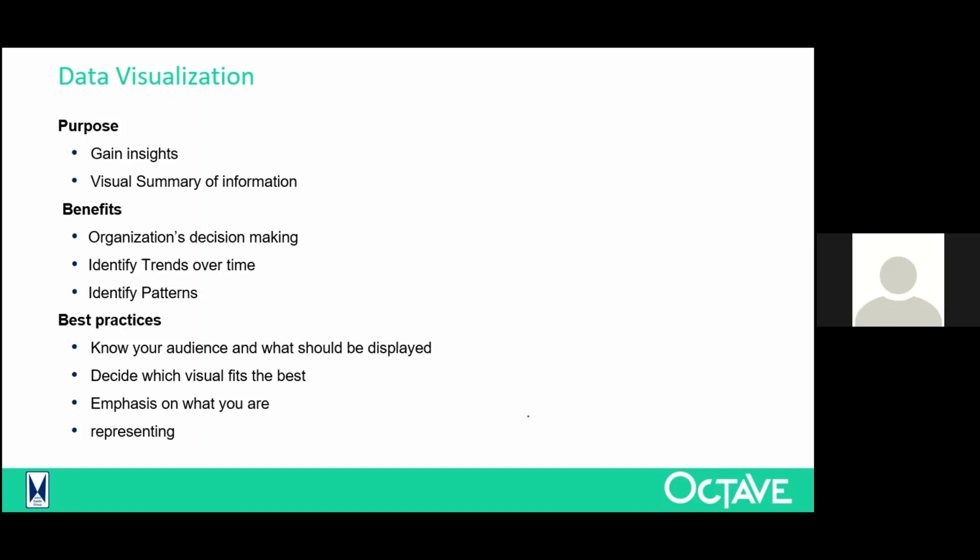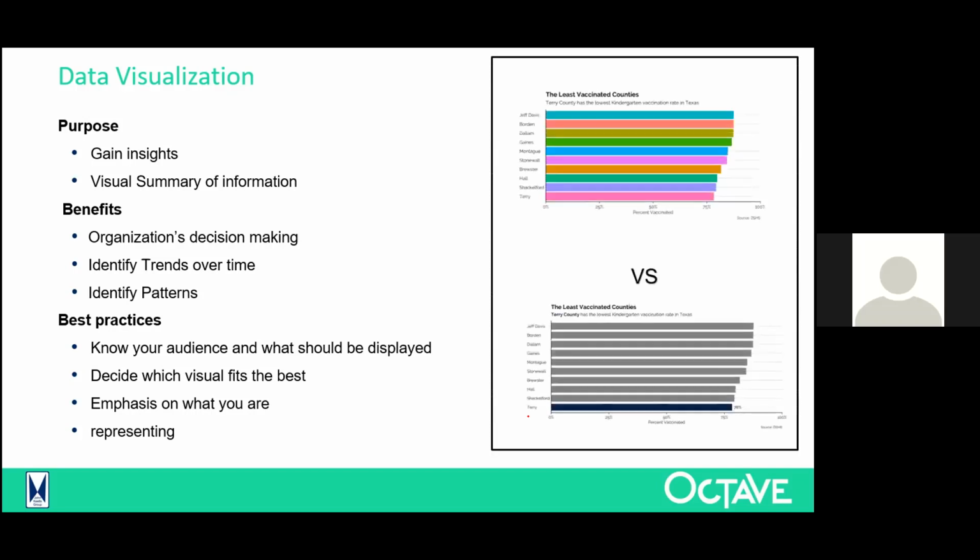For example, if you want to show a trend, you can't use a pie chart. It should be either a bar chart or a line chart. And finally, once the visualization is done, it should represent your story, and then it is good to go.